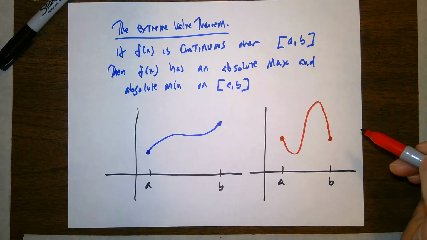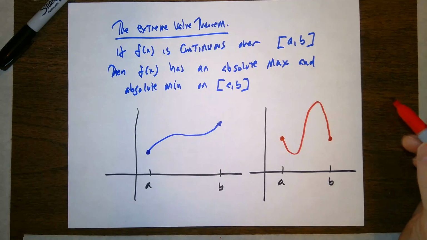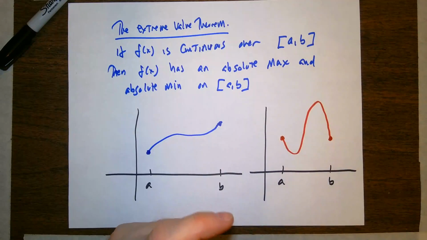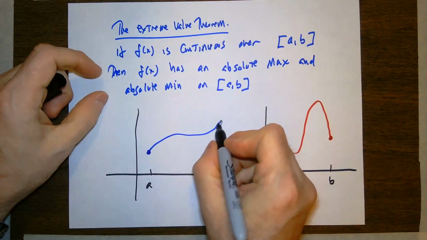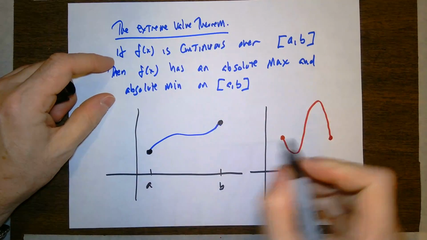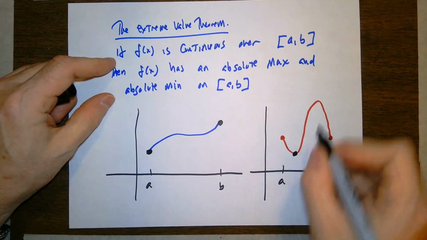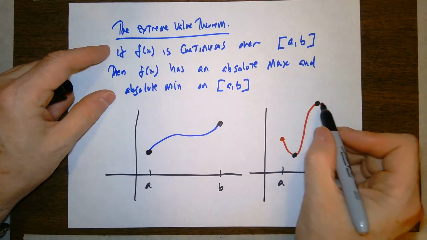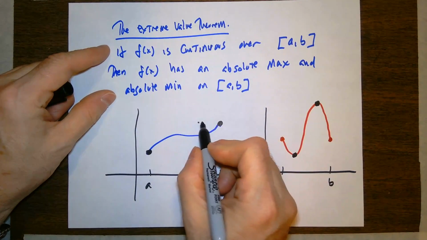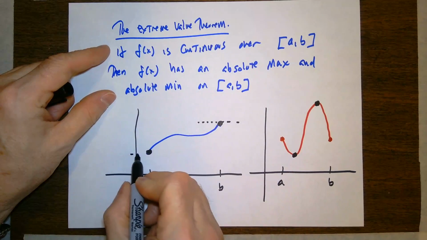Now, if we take the extreme value theorem and the idea that at these extremum points, so here is an extremum point, here's an extremum point, here's an extremum point, here's an extremum point, what do I know about the derivative of the tangent line?